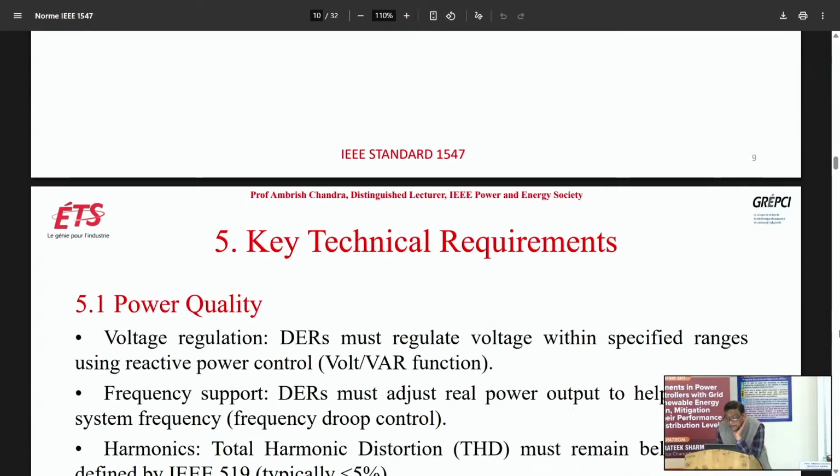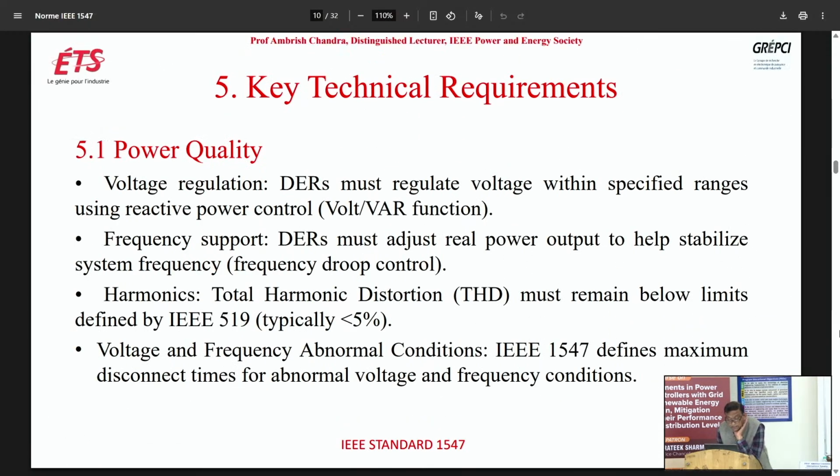Key technical requirements in power quality include voltage regulation and frequency support. DER must adjust real power output to help stabilize system frequency. DER must regulate voltage within a specified range using reactive power control. So earlier it was not there.